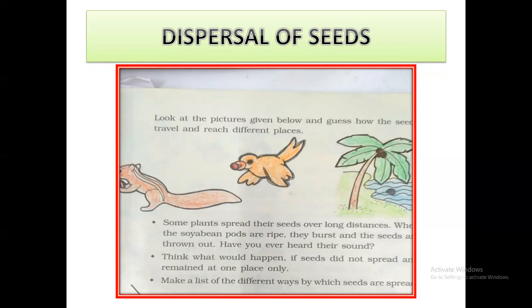Sometimes you eat some fruits and you just throw the seed, and to your surprise, after some time you see the plant has come out there, isn't it? So this way, the dispersal of seed, the seed goes from one place to another place.